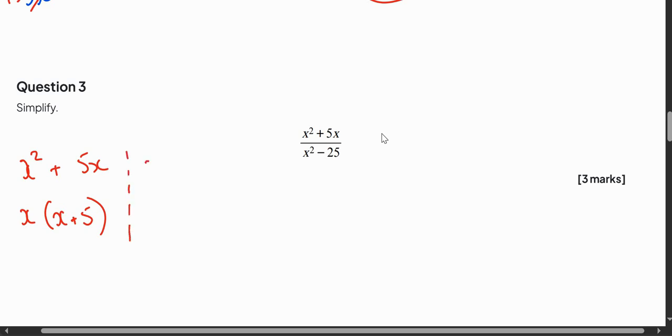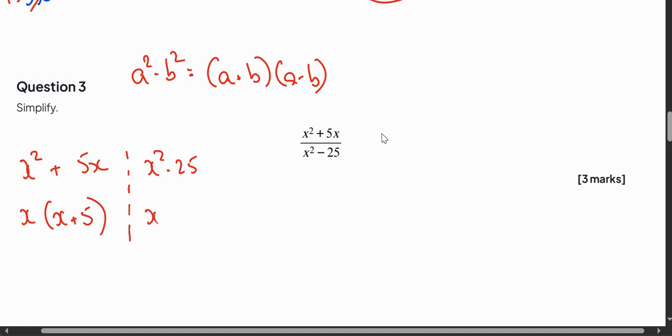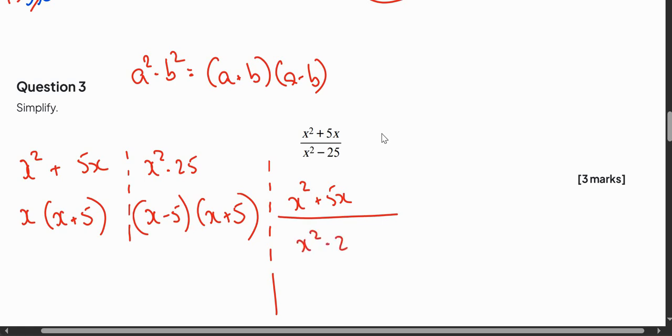Then x square minus 25, this is basically an identity. It's a square minus b square, which means a plus b and a minus b. So x square minus 25 means x minus 5 and x plus 5. Now write the whole equation down, x square plus 5x upon x square minus 25.